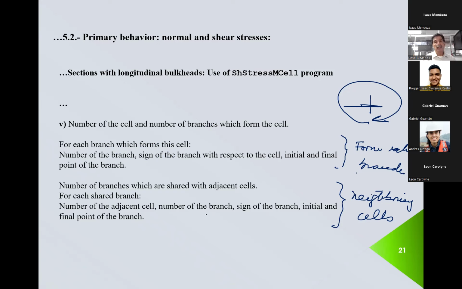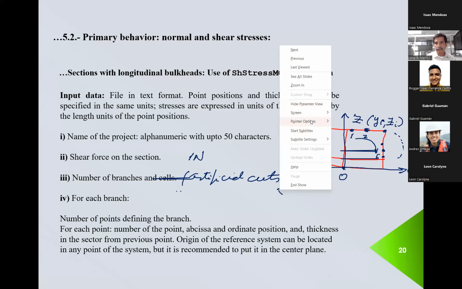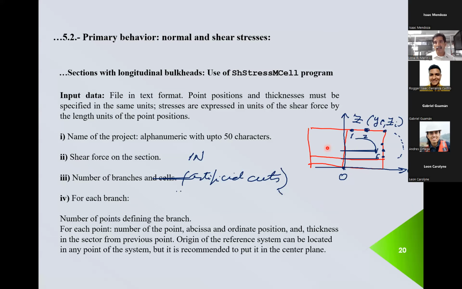And then you have to remember that there are certain, for example, in this case, okay, this cell here has this wall in common with this cell here, but also the double bottom is in common with this other cell here.